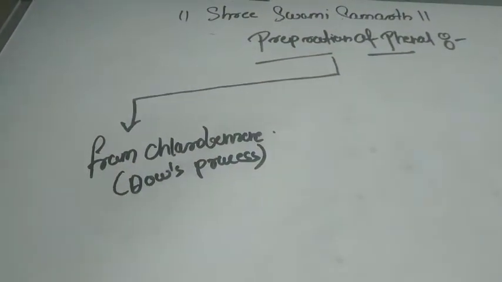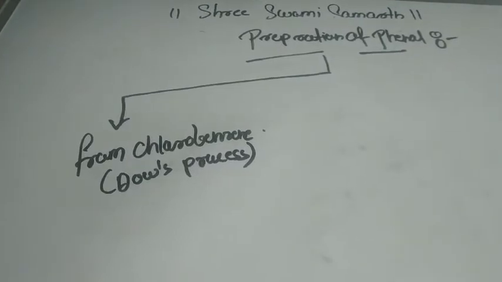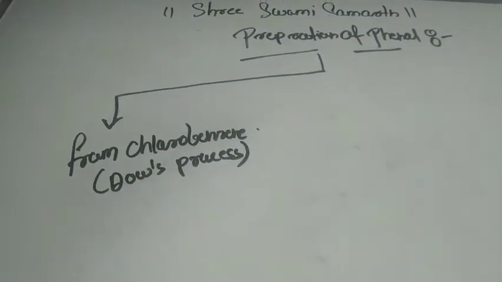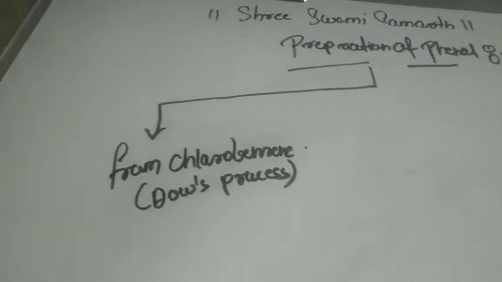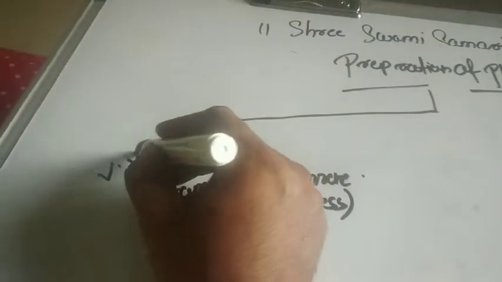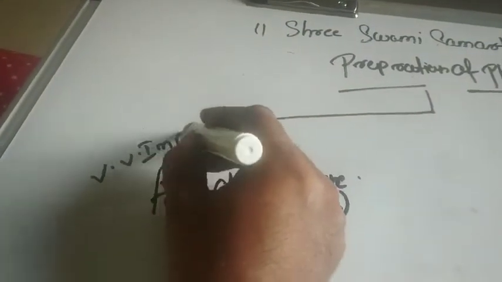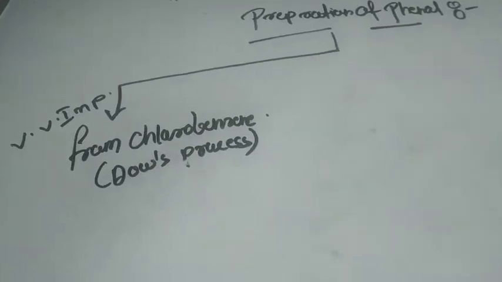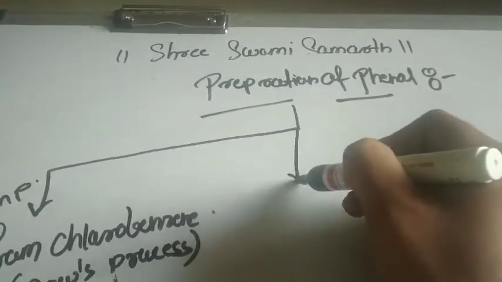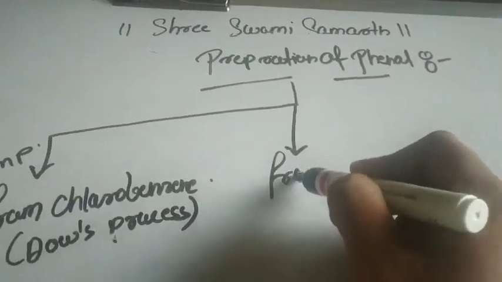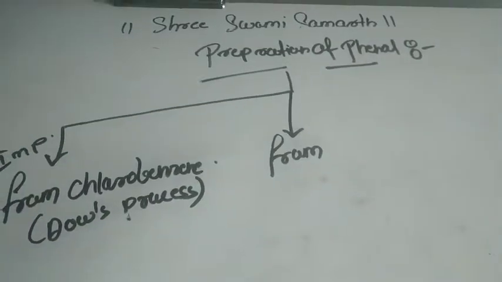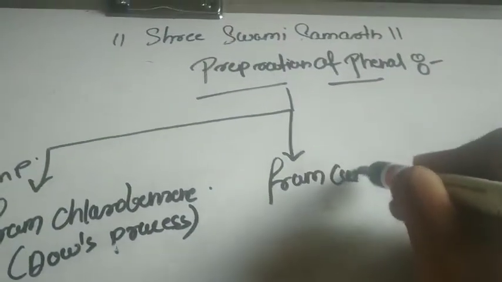It's a very famous reaction in the organic chemistry part, in alcohols, phenols and ethers, and most of the time this reaction is asked. So this becomes a very important reaction as far as your board exam is concerned. Then the next method, which is also very important and many times asked in the exam, is from cumene.